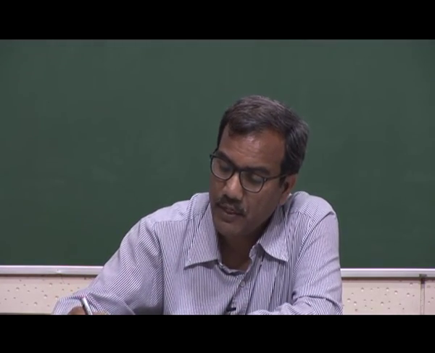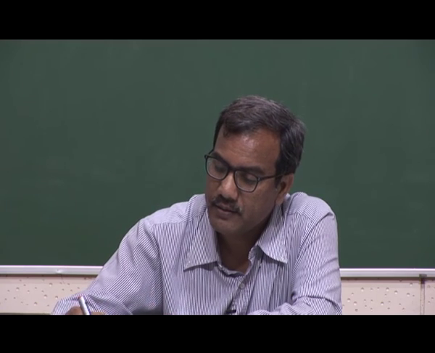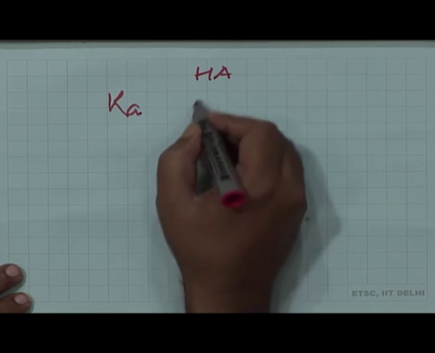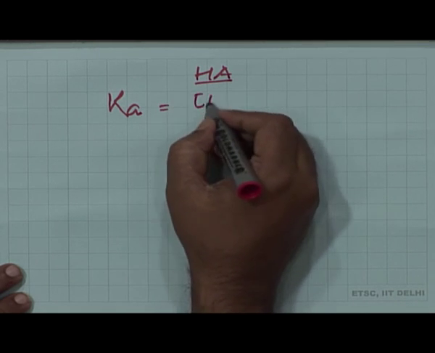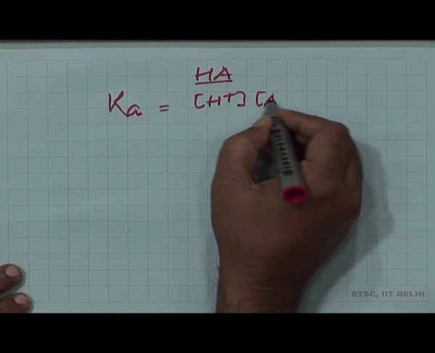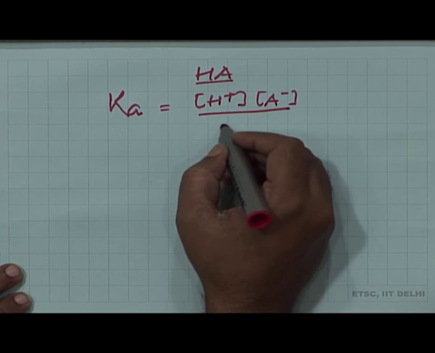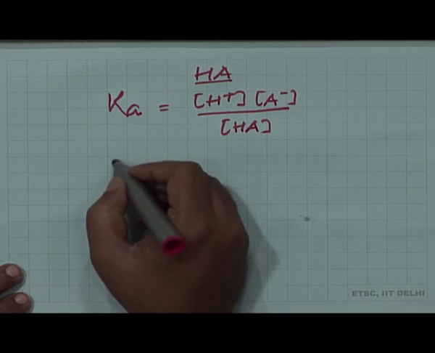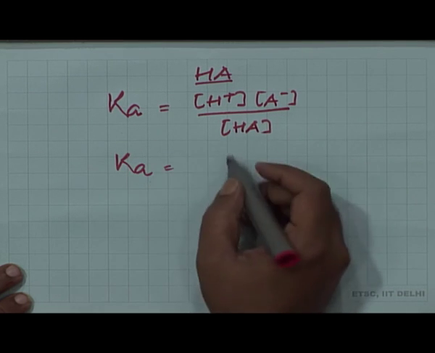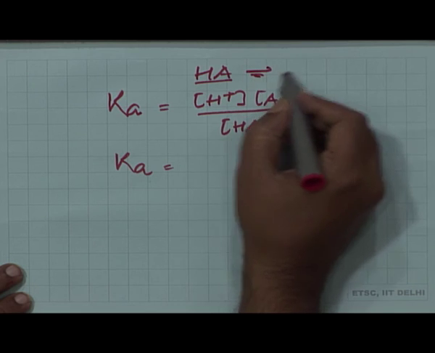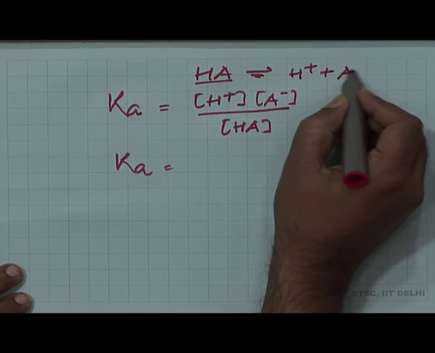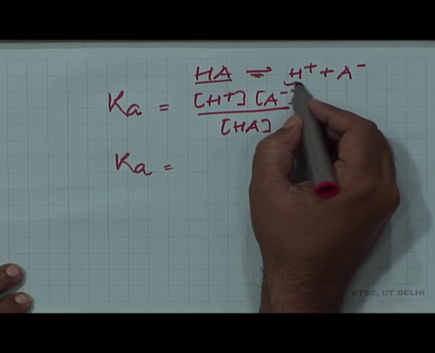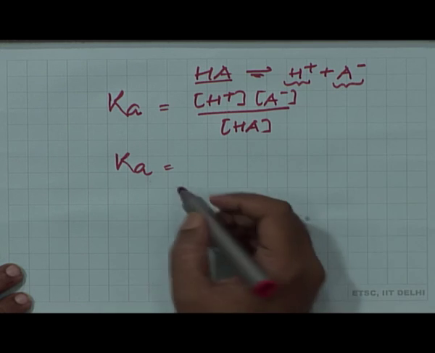So, the way we calculate H plus ion is, for an acid like HA, which is a weak acid, we can write Ka equal to H plus ion into A minus divided by HA. Since HA dissociates into H plus plus A minus, the concentration of H plus is equal to the concentration of A minus.